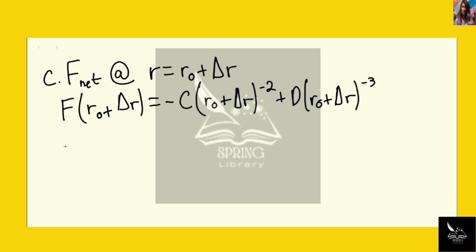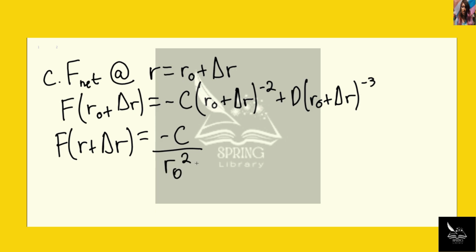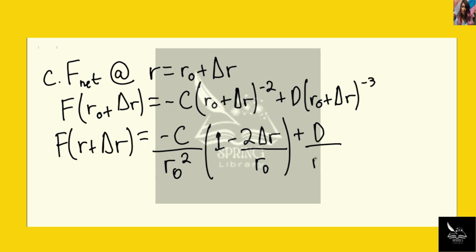And so at this point, we can say that F(r0 + delta r) would be equal to negative c over r0 squared times (1 minus 2 delta r divided by r0), so we have to make an approximation, plus d over r0 cubed times (1 minus 3 delta r over r0).